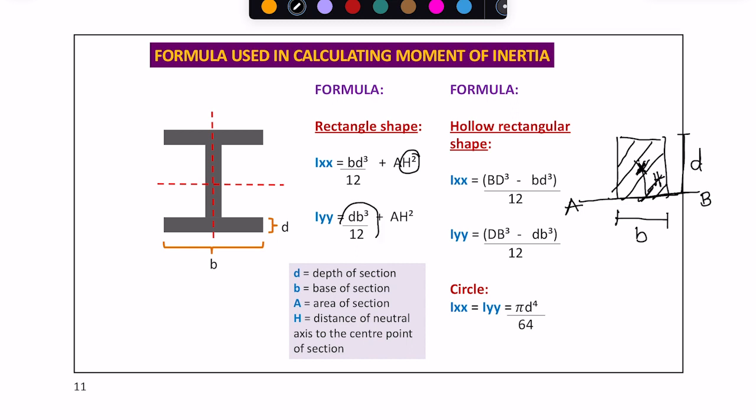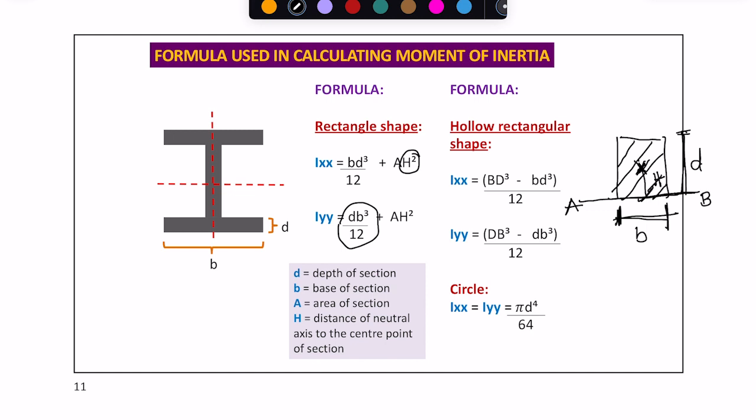So DB cube over 12 plus AH square. So D will be the height here, and B will be the breadth here. Power of 3 divided with 12 plus A times with H power of 2.